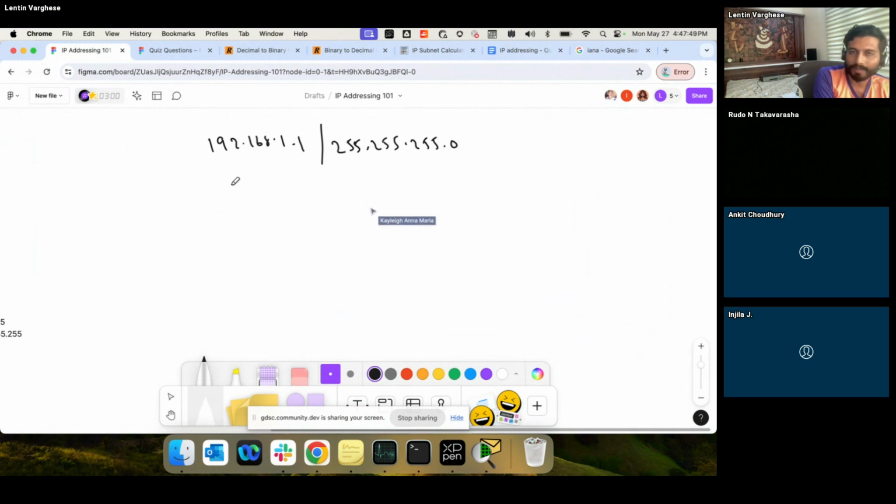Trick question. Oh, it was not so tricky, I guess. Exactly, 255 computers can be part of the network, because these three octets represent the network, and then there is one octet which represents the host, and the highest number you can come up with is 255, hence 255 computers.